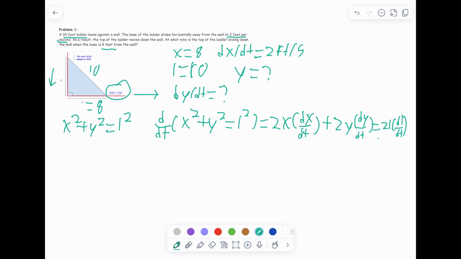In this case, though, this here, that is 0 because the length of the ladder is fixed. It is not changing, so dL/dt is equal to 0, and you multiply that by the length of the ladder, and then you get 0.